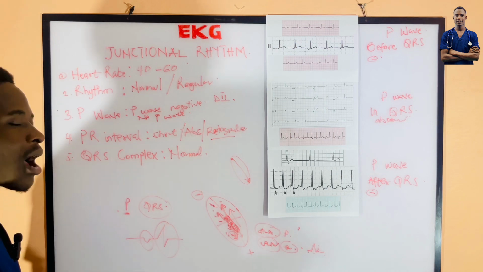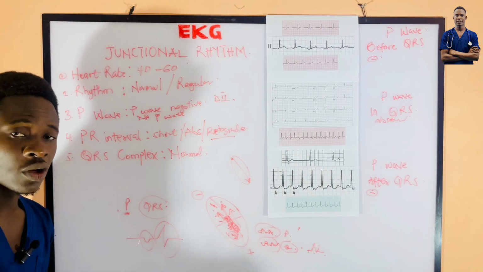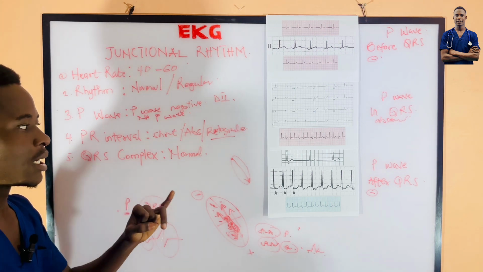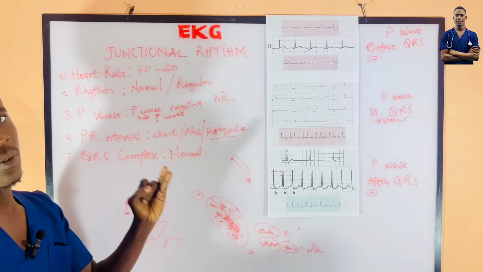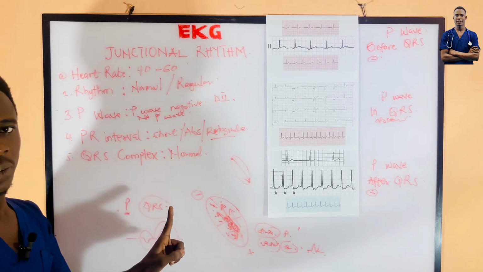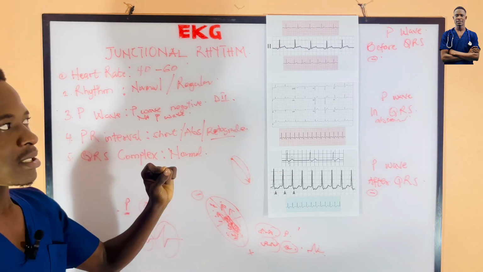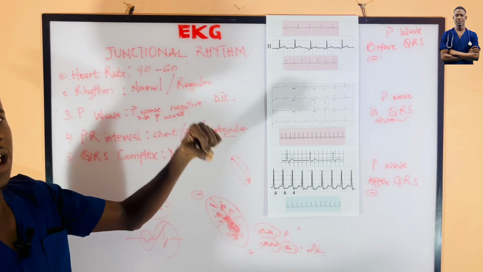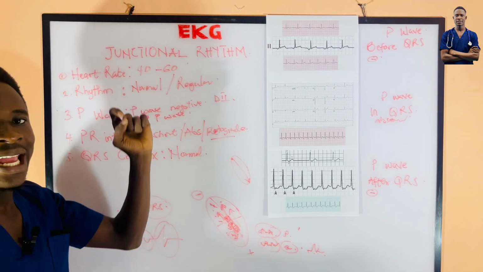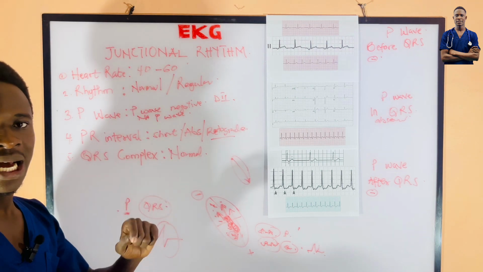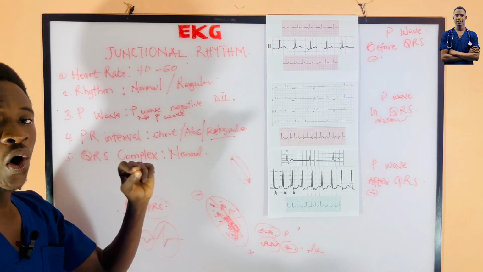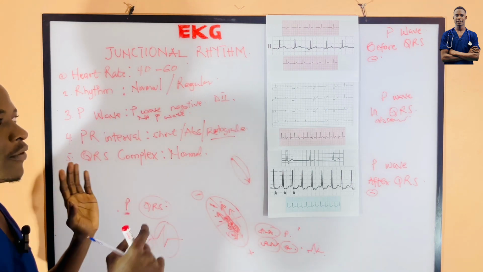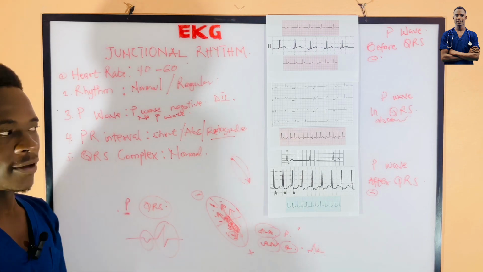Now, the PR interval will also be short, or in some conditions you see it as retrograde, or in some conditions you won't see it at all. So this must tell you where the electrical impulse was generated: at the early part of the AV node, the middle part, or the end of the AV node.